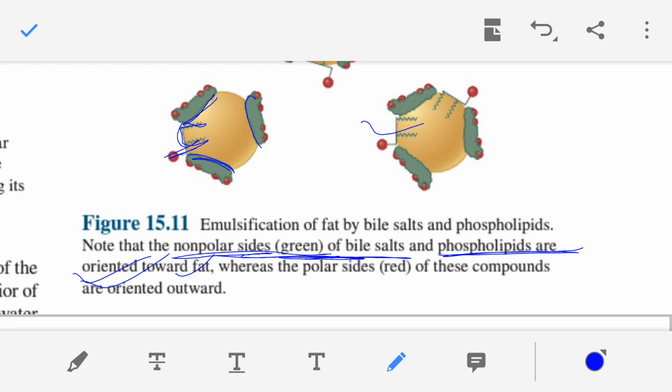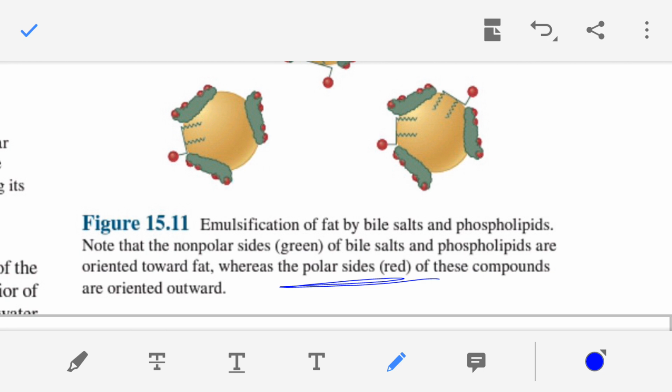They are attached to the fat, whereas the polar side, which is red in color, is oriented outward.